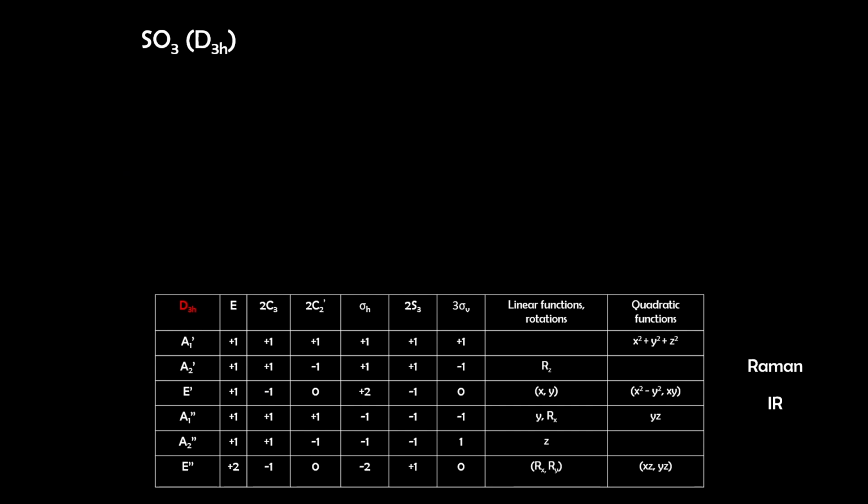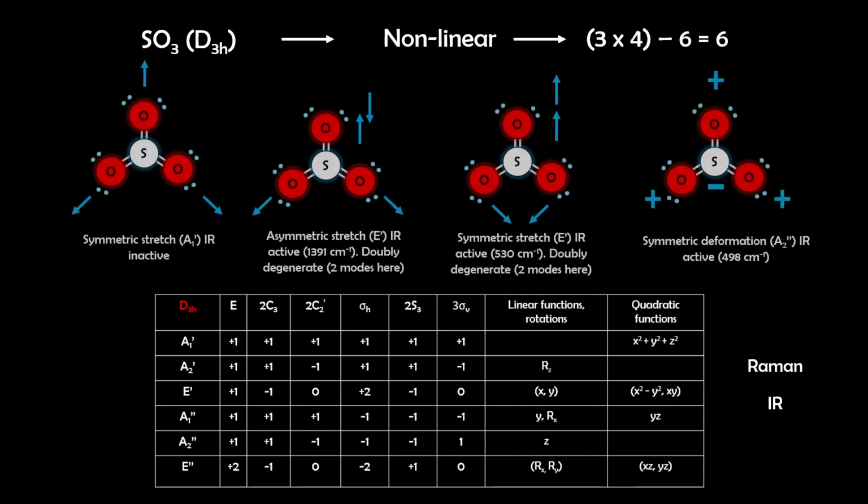Now let's consider a molecule of the form XY3, such as sulfur trioxide or boron trifluoride, which both belong to the D3h point group. These molecules have 3n-6, or 3 times 4 atoms minus 6, which gives us 6 vibrational modes. Now, considering how every symmetry operation affects each bond will only give us 2 of the irreps involved.